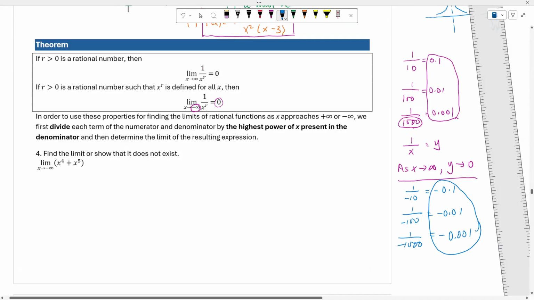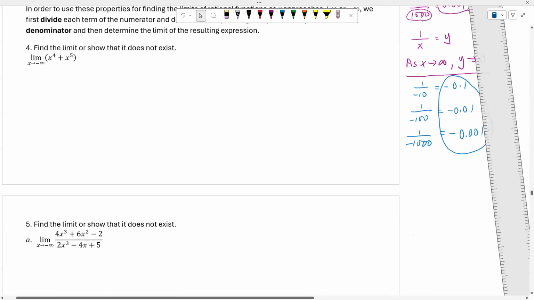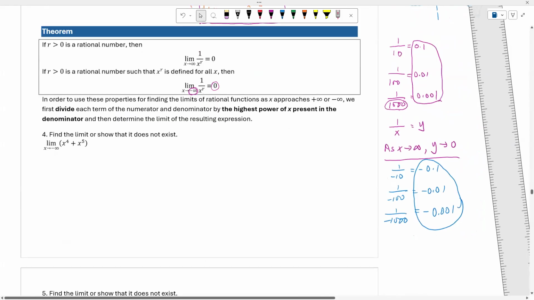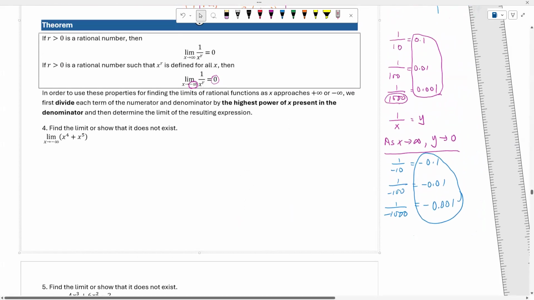Now, why is this theorem important? Because when we try to find the limit as x goes to infinity, from time to time these theorems work best for the situation. So let's see how we actually use these theorems.